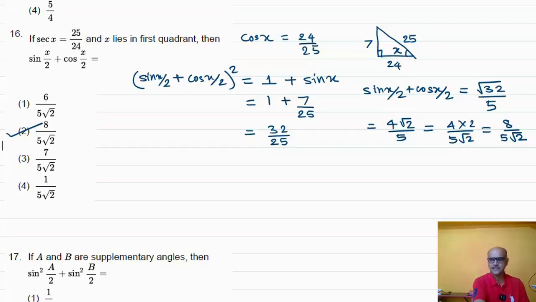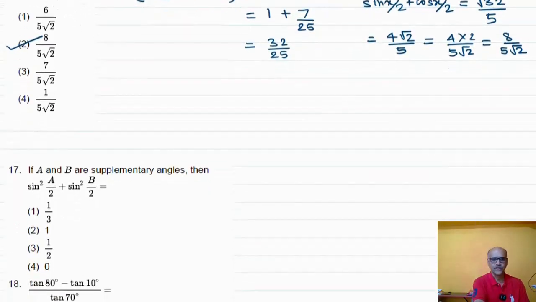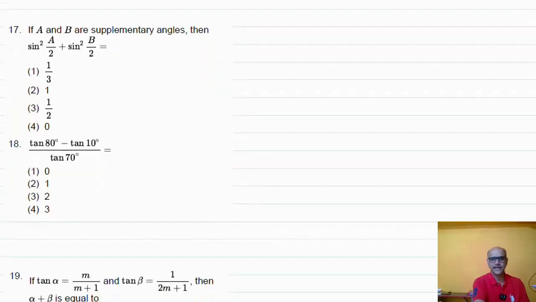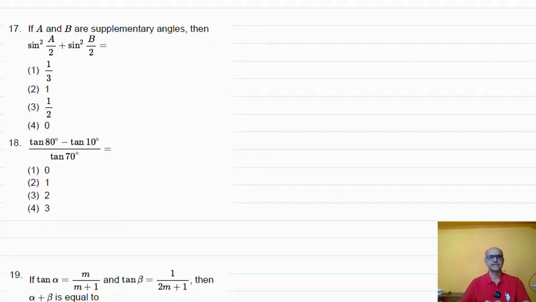Clear? Next, if a and b are supplementary angles, then sin square a by 2 plus sin square b by 2 is what? So this word you should know: supplementary means a plus b is equal to 180.